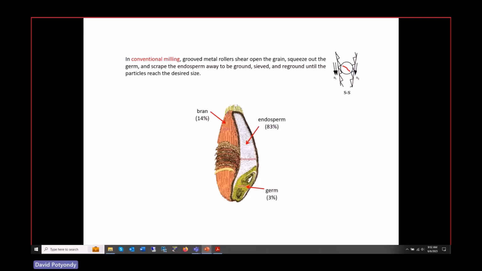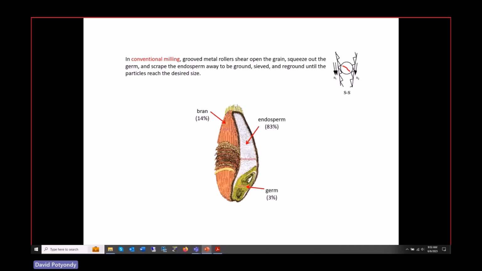So the first thing we have to know is what is the microstructure of a grain of wheat. This thing is about 5 millimeters, right? I'm a city guy, so I never really looked closely at a grain of wheat before, but think of a kernel of popcorn or a kernel of rice. It's about the same size.